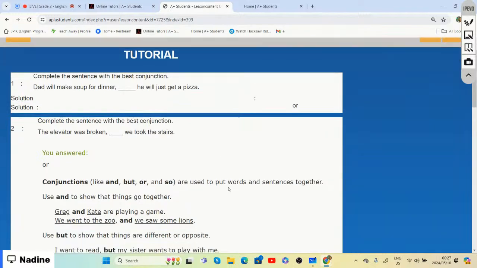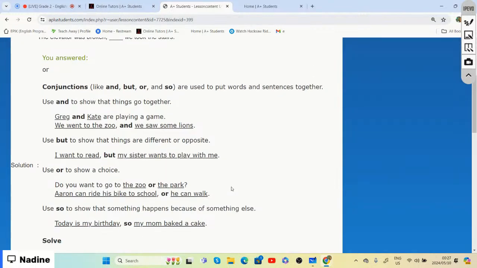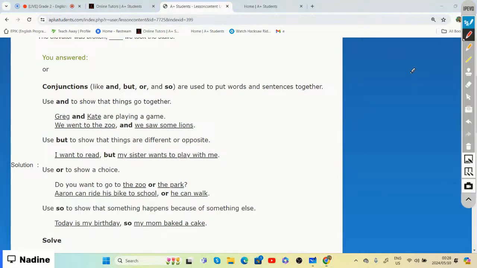All right. So once again, before we continue, we said that conjunctions such as words like and, but, or so, they are conjunctions, right? Specifically coordinating conjunctions. So, and, but, or, and so, they are conjunctions.